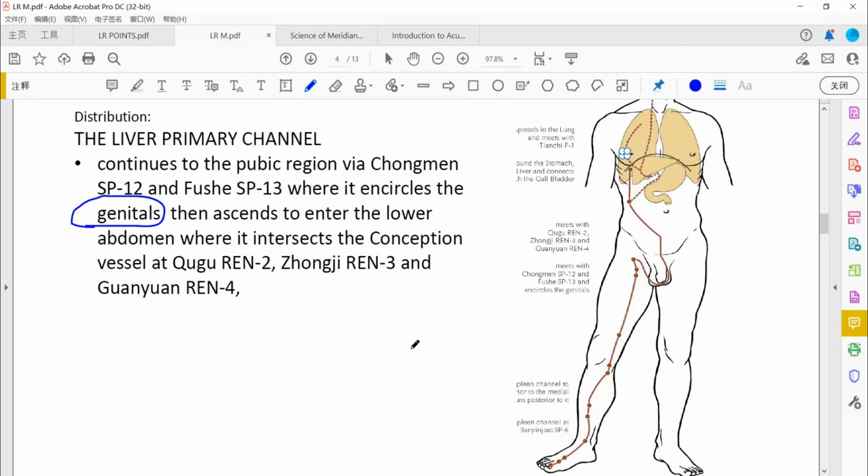So the liver meridian is closely related to the breast region. And a question, there's another foot yang meridian closely related to the breast region. Think about which one.